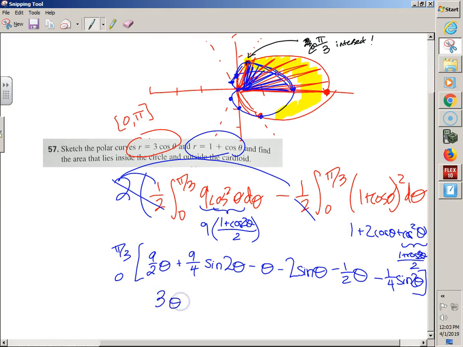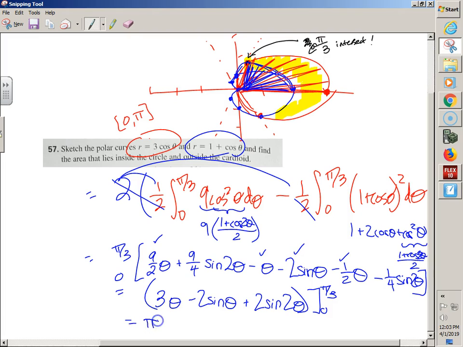So it would be 3 theta, then minus 2 sine theta. And then 9 fourths minus 1 fourth would be 8 fourths, which would be 2 sine 2 theta, from 0 to pi over 3.